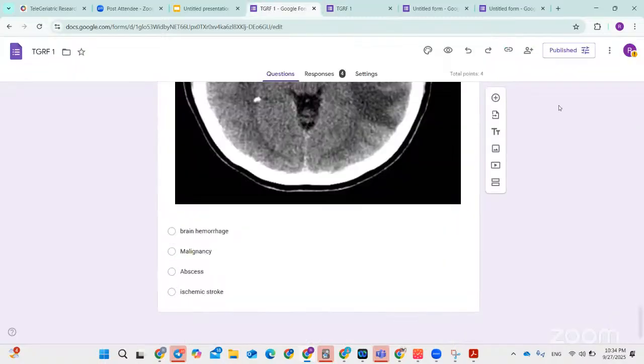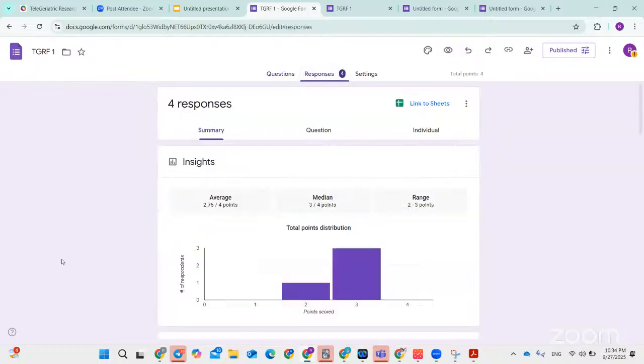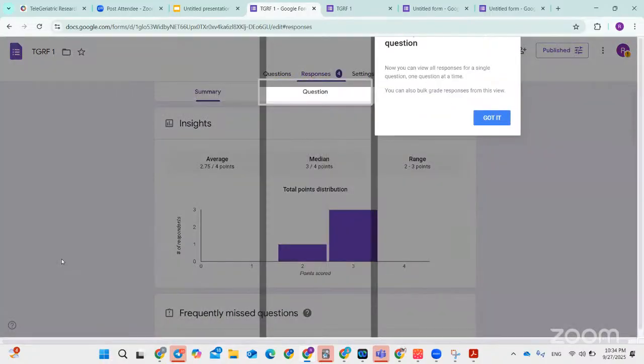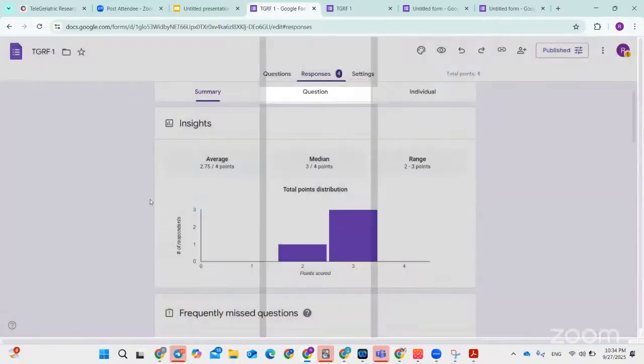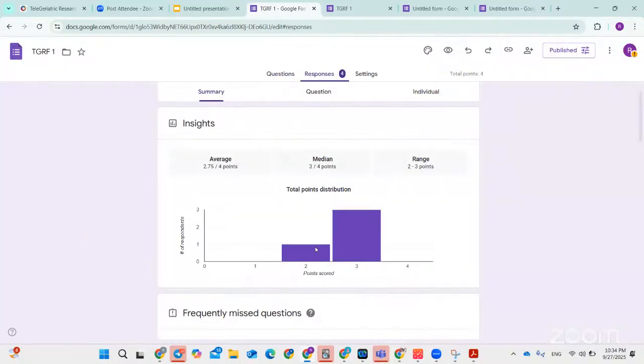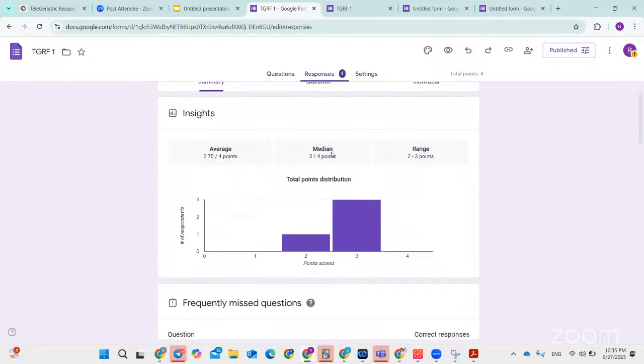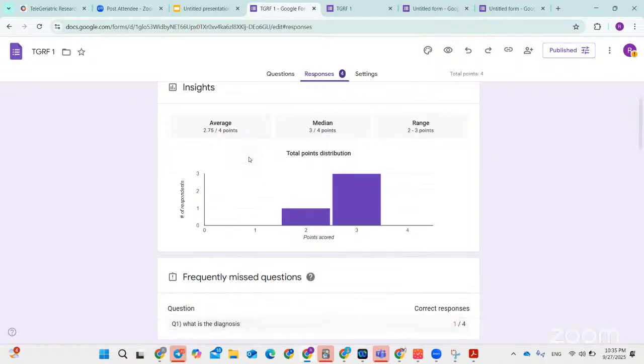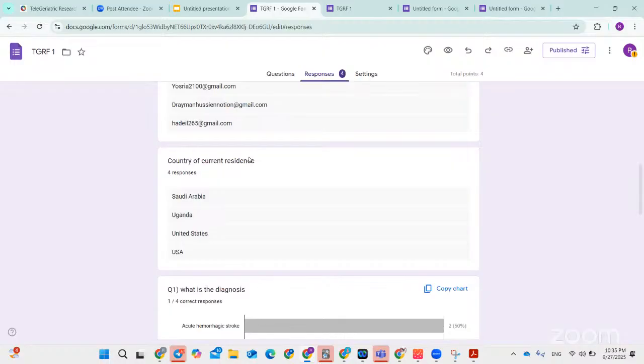So yeah, that is what we want. Then we can go to responses. We have four responses here, with 2 correct, and the average score is 2.75 out of 4. Then you can decide whether it is good or bad, and what you are going to discuss during your session.